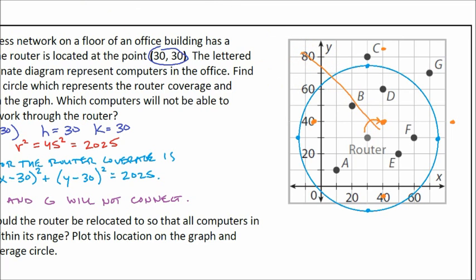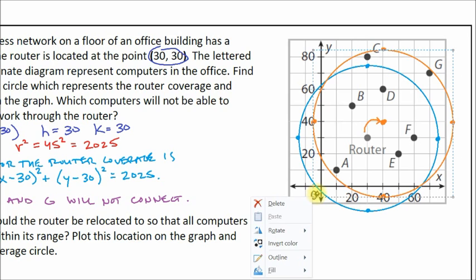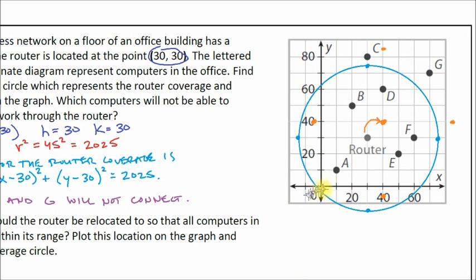Whoops, that is not a circle. Again, I'm going to try to be as close as I can, and I'll adjust it if I need to. Looks like I'm a little bit big here. Let's try a little bit smaller. Whoops. Okay, that didn't work. Let's try it again.